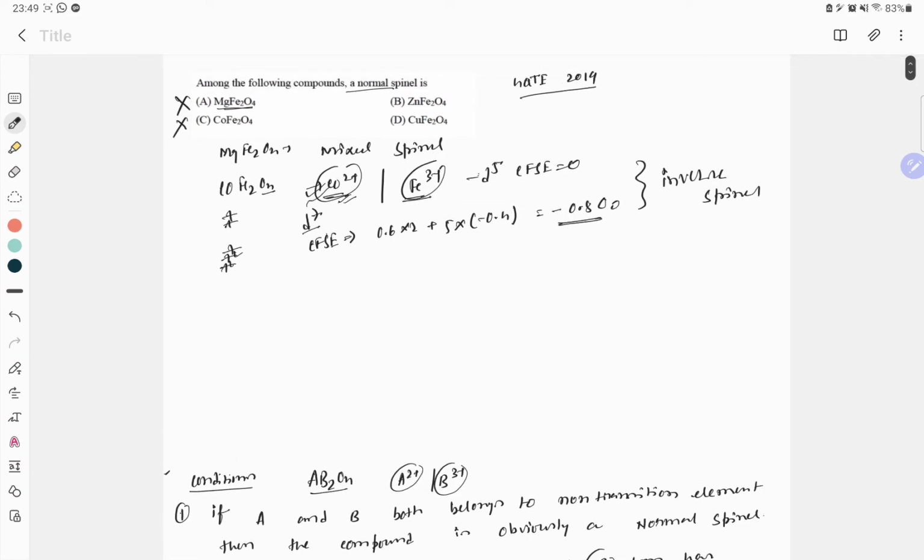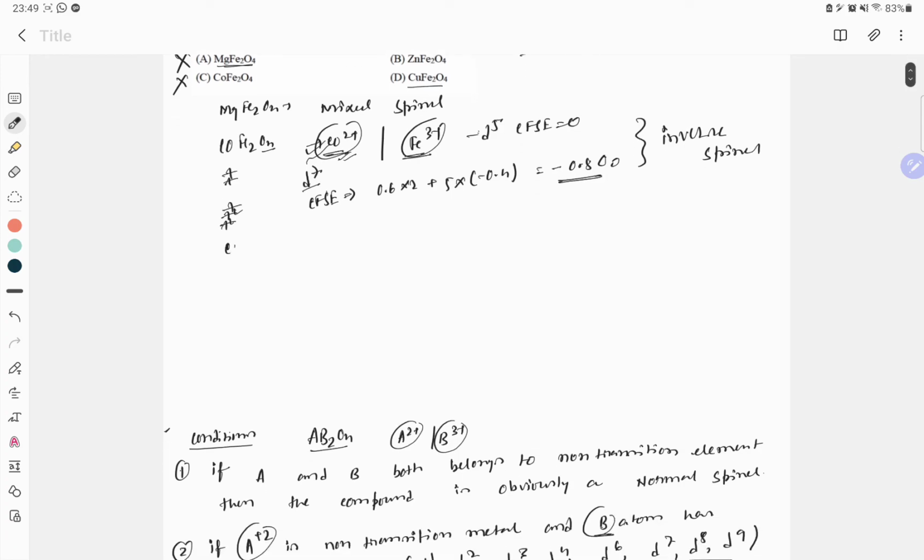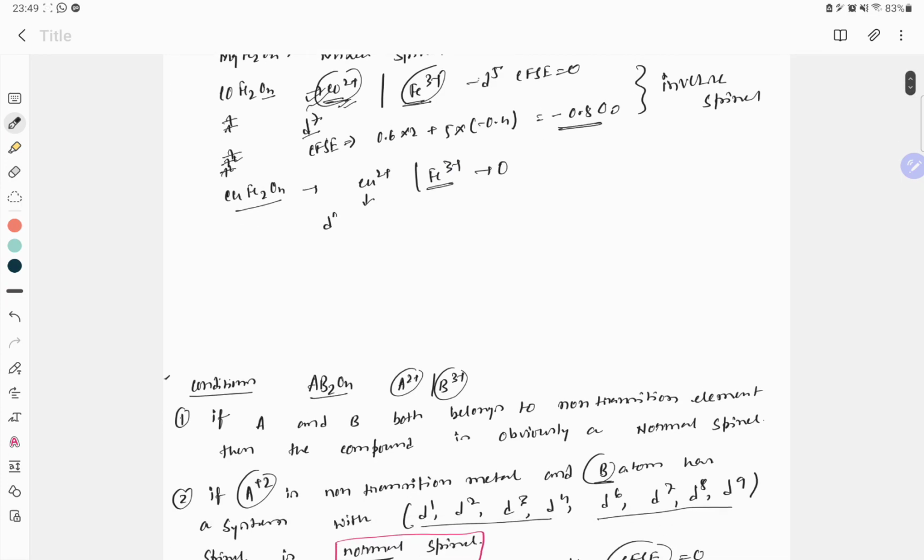Now ZnFe2O4 and CuFe2O4. CuFe2O4 is Cu2+ and Fe3+. In this case also Fe3+ CFSE is 0, and Cu2+ is a d9 system.